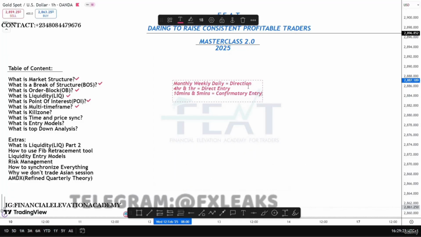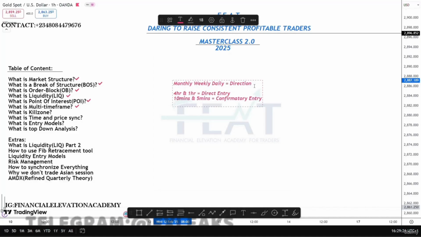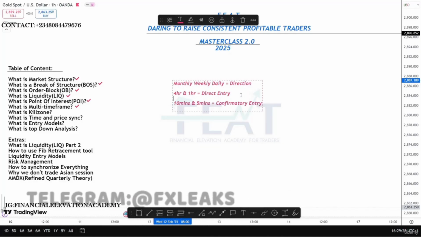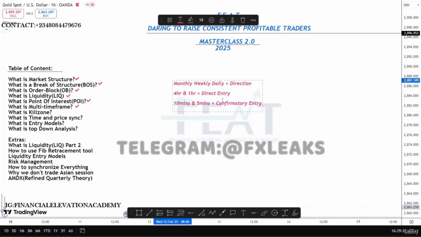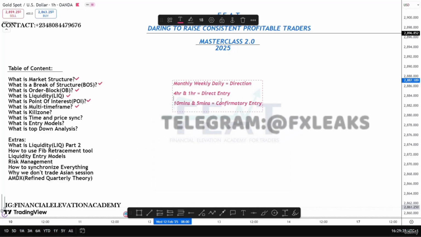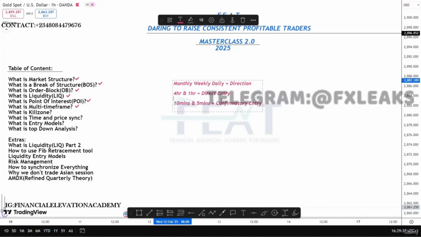Yes, so this is it. The 4 hours for direct entry, 1 hour for direct entry, then we use 10 minutes and 5 minutes for confirmation entry.